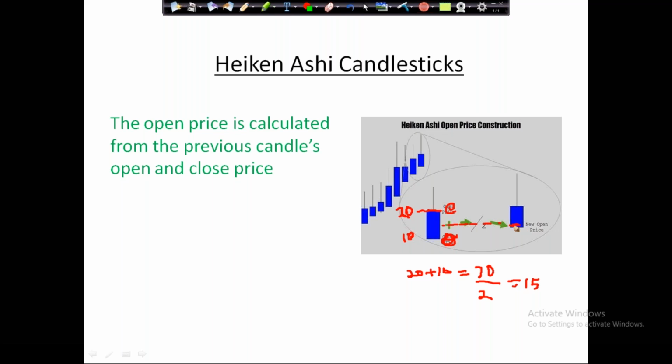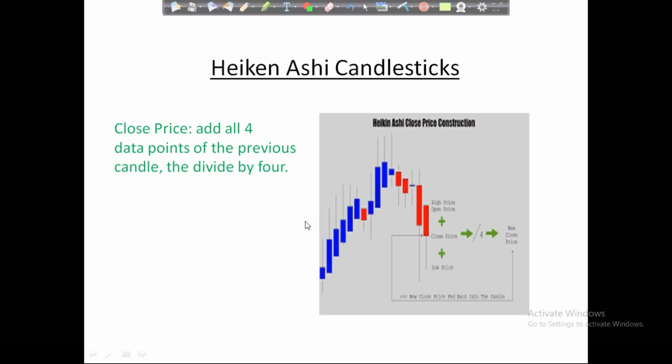Next candle, that is our open. Right? So in a normal candle, where is the close? Here is the close, right? The next candle opens there. In a normal candle, the open will be somewhere here. But in Heiken Ashi, they are adding open and close and dividing by 2. And whatever result comes, the next candle opens there. Is it clear? Now, I hope it is very clear, right?